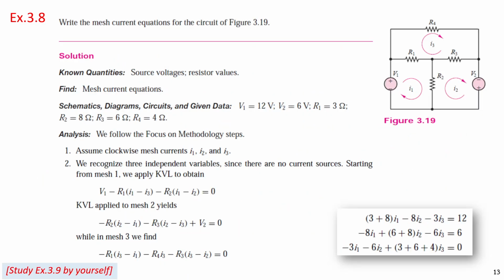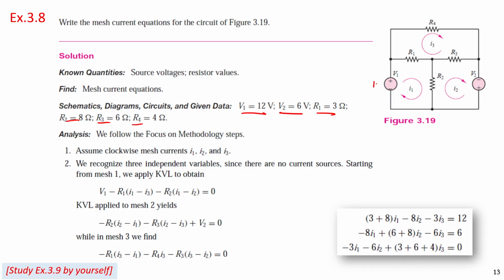Now let's see this example. In this example we will have three meshes. In this circuit, we know V1, V2, R1, R2, R3, R4.